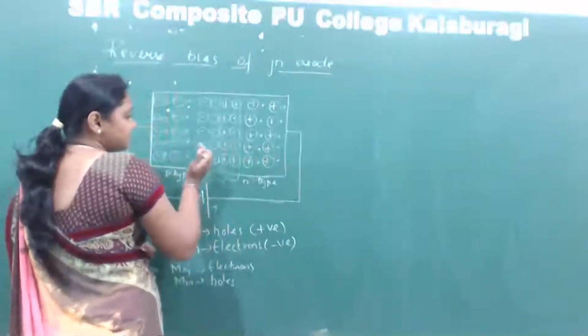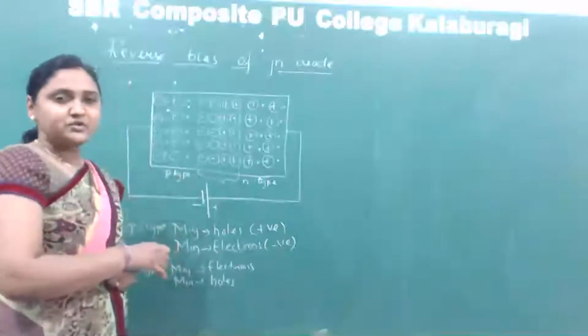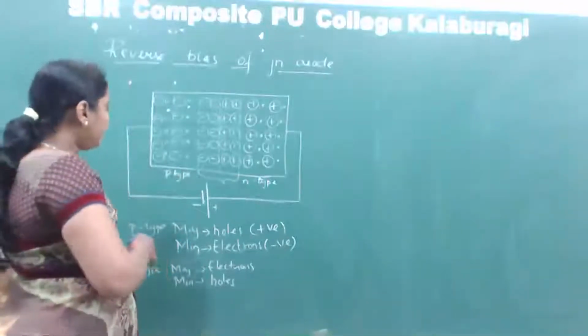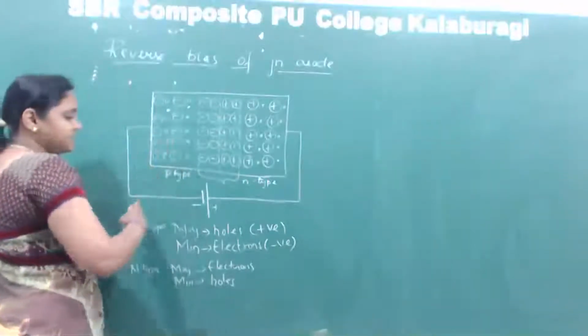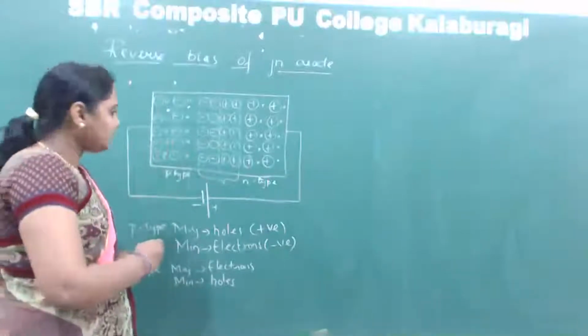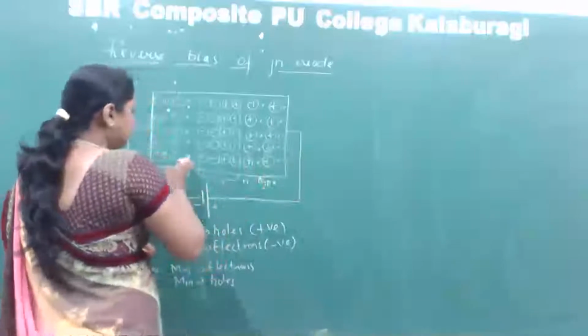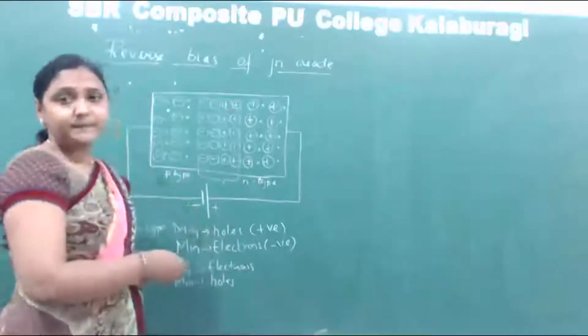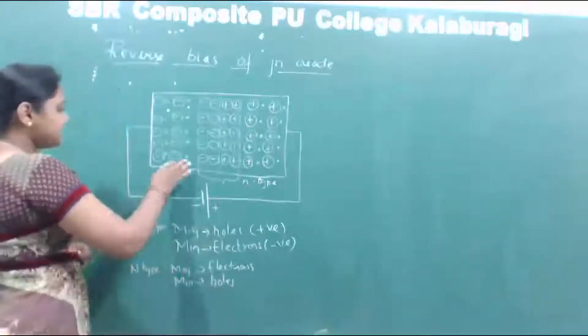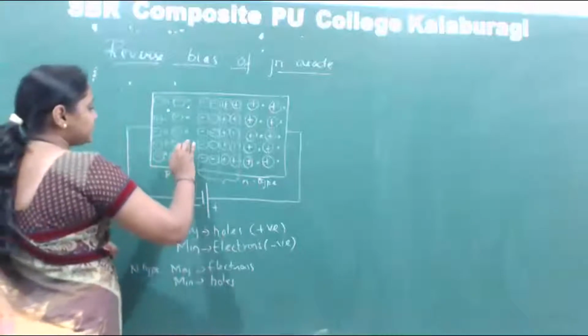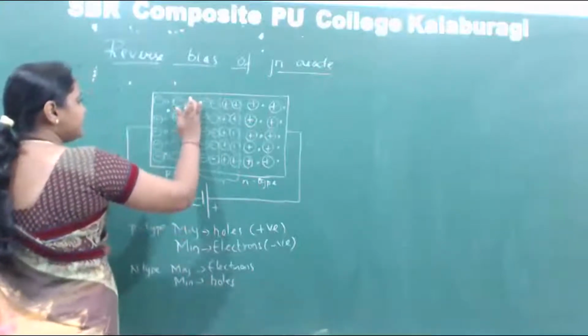As a result, the width of the depletion region reduced. Here, what is happening? All the holes are attracted, and electrons are attracted by the positive terminal. As a result, what happens? These holes move this side. All these holes are moved.